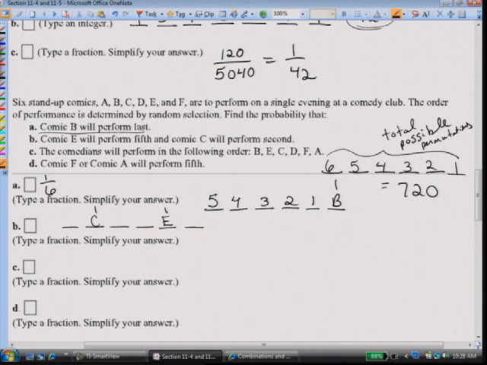So now, if that's going to happen, you only have 4 choices for the first comet, and then 3, 2, and 1. So now it's 4 factorial over 6 factorial, which is 4 times 3 times 2 is 24 out of 720, or 1/30.